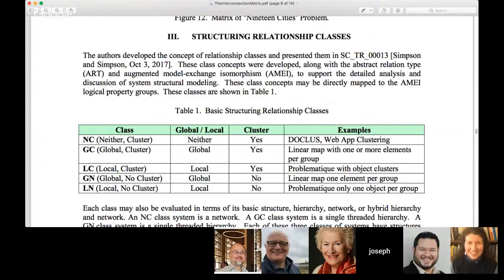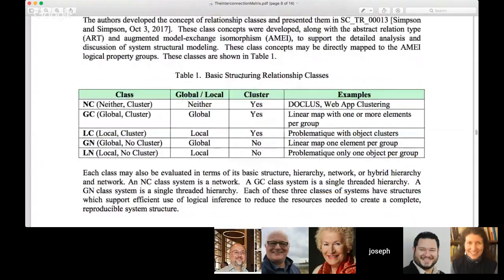And it's neither global nor local because it's symmetric. So the way we're looking at this right now is that we basically have these 5 big buckets of natural language relationships that we can use to address this.